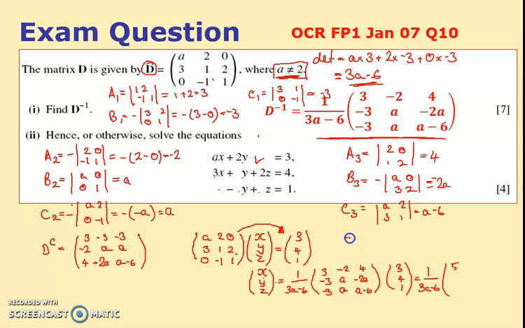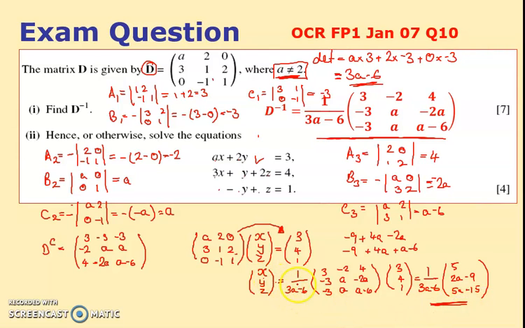Minus 9, let's just write it here, minus 9, plus 4a, and I'll do the next one, minus 2a. So I reckon that's 2a minus 9. And the last one is minus 9, plus 4a, plus a, minus 6. I reckon that's 5a minus 15. So that's what I think the answer is.